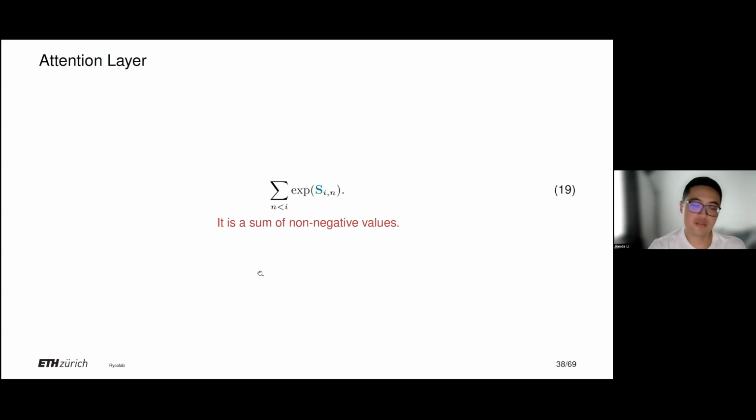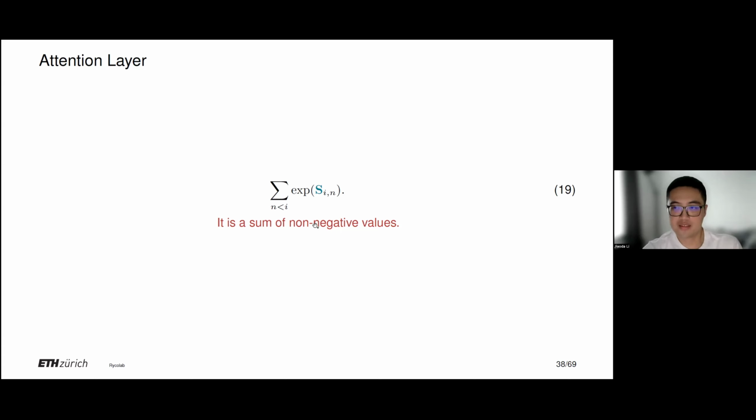So let's go back to examine the first sum in the softmax. Note this is a sum of exps, and because the output of the exponential function is always non-negative, even when we have negative infinity, this means this is a sum of non-negative values.